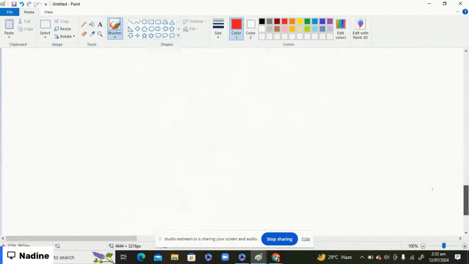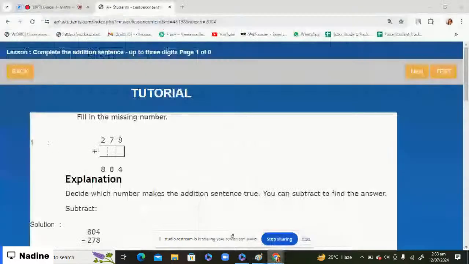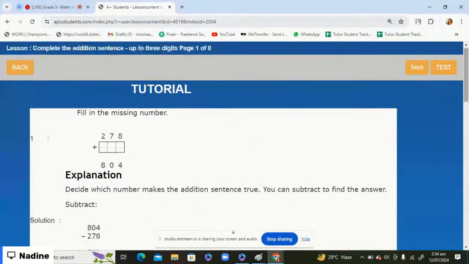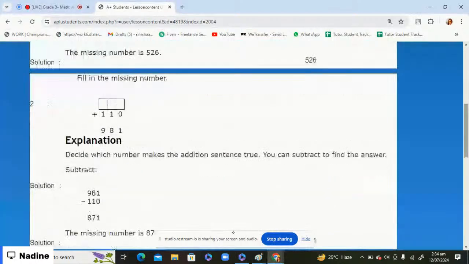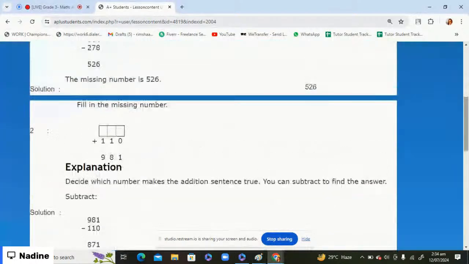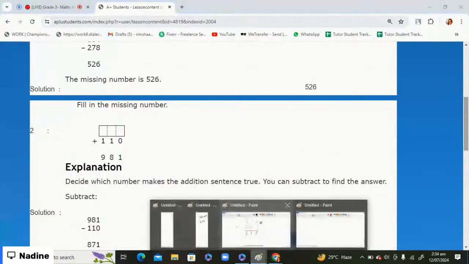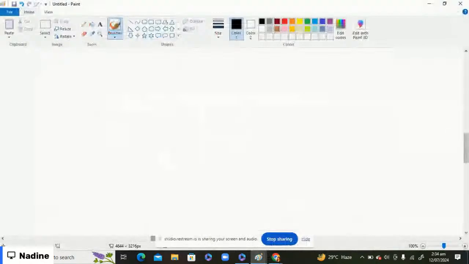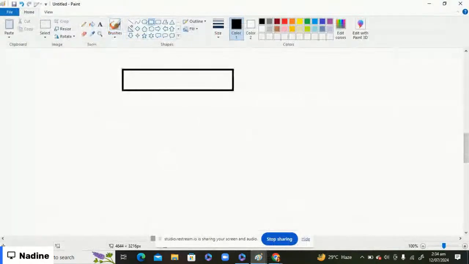So let's solve the next. Let's add up, then check it out. So here there are missing numbers, then 110. There is a missing number. Then it's 110.